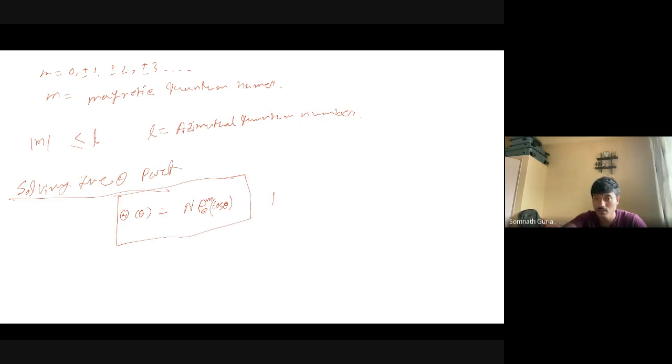This P equals minus 1 to the power m, l minus m factorial by l plus m factorial. Sorry, I wrote it wrong.